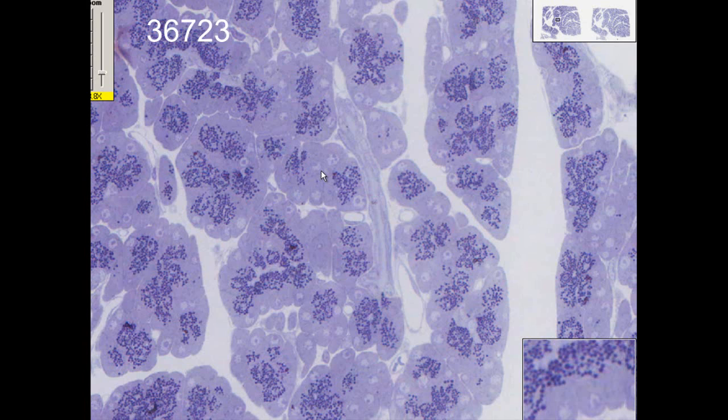Here in this slide, 36.7.23, we can see capillaries in through there. There's an intercalated duct right in through there, and the grayish stuff is the actual secretion of the pancreatic juices.